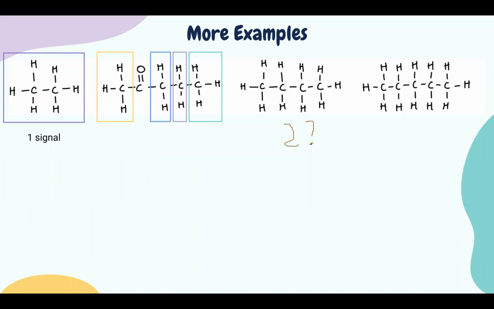Does anyone want to explain why? You can use the annotate feature to draw the boxes. It's because two of the ending hydrogens are different from the one in the middle. Yeah, so the third one does have two signals.